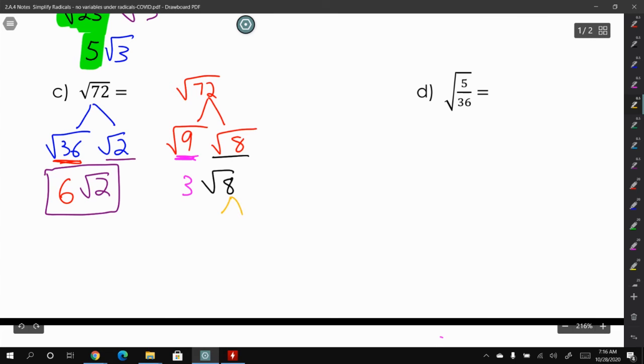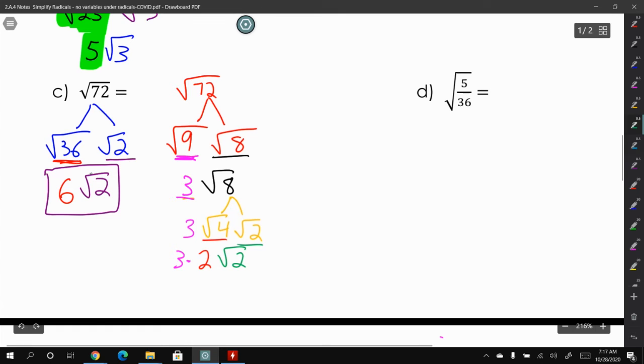Well, then we have this to worry about. Okay, so this can be 4 and 2. And this 3 just keeps on hanging out at the front. No big deal. Now the square root of 4 is 2. So we're going to have 3 times the square root of 4, which is 2, times the square root of 2.